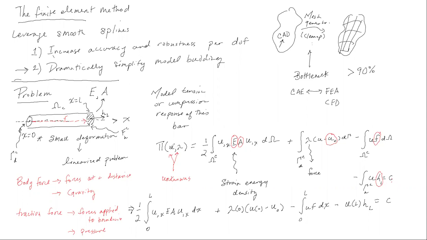Find the displacement field U and the Lagrange multiplier lambda that gives me a minimum energy state. So what we want to do now is take the variational derivative of pi with respect to U and lambda and set them equal to 0, because that's going to give us a local minimum or maximum, and that will give us what's called the weak form, as we discussed before.